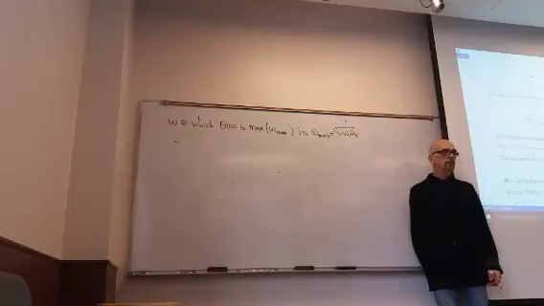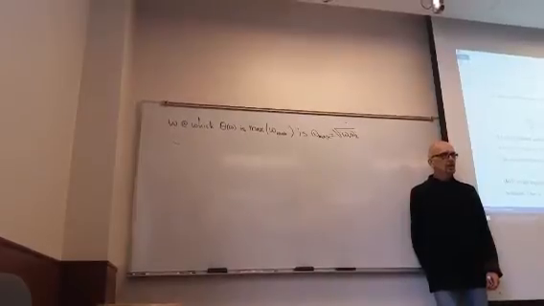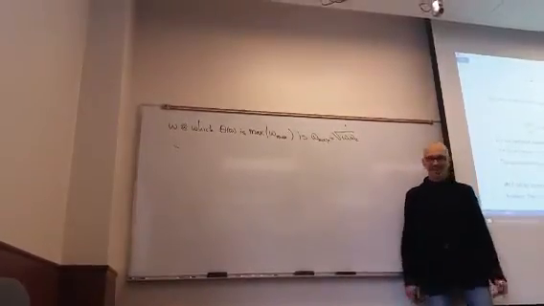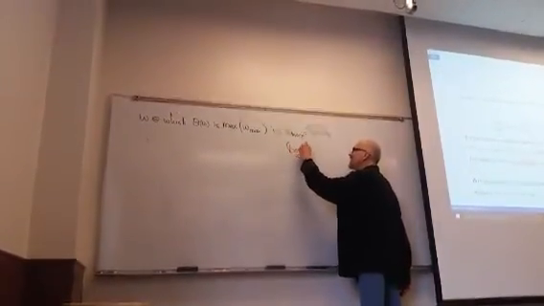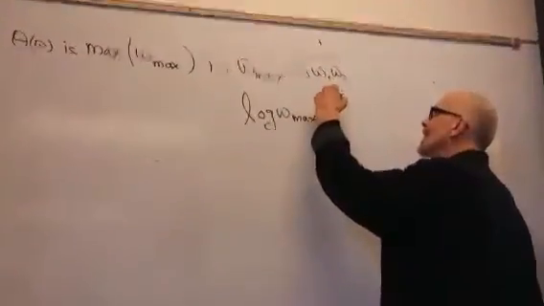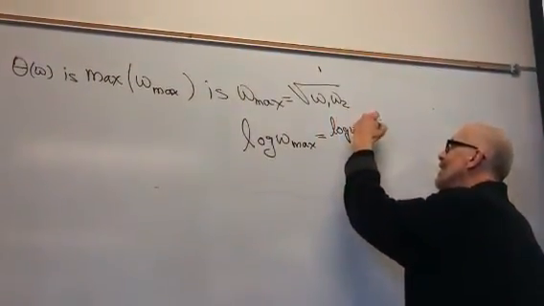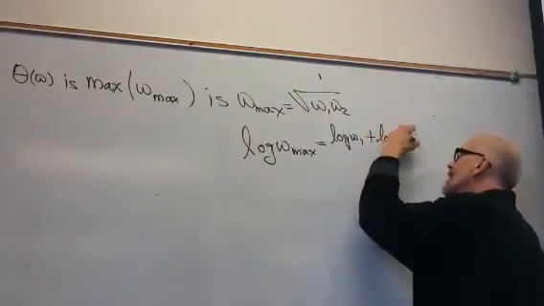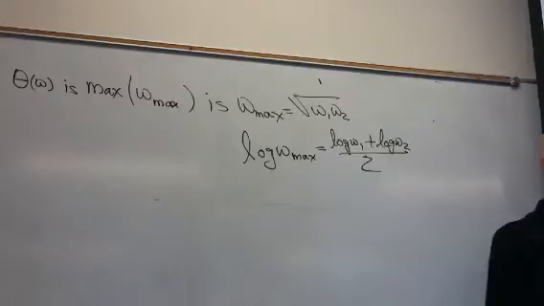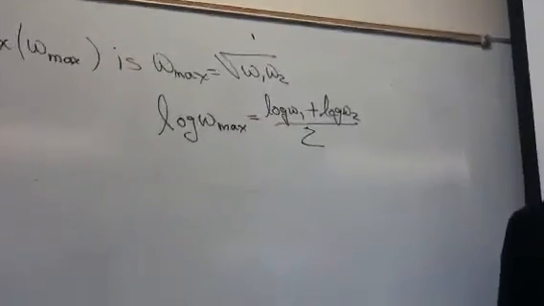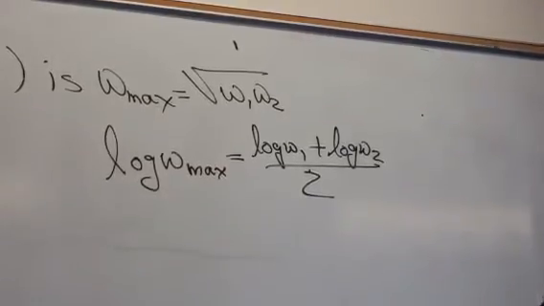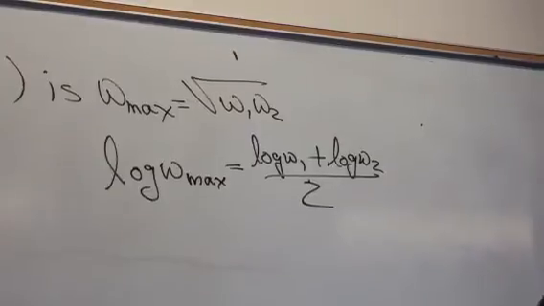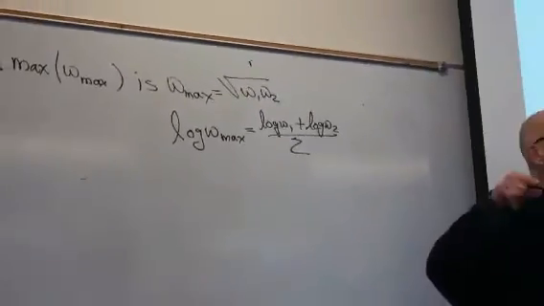One half of log omega 1 plus log omega 2. It's the average. So on log paper, that peak sits directly in the middle of the log of omega 1 and the log of omega 2, which is why that thing looks symmetric in semi-log paper.